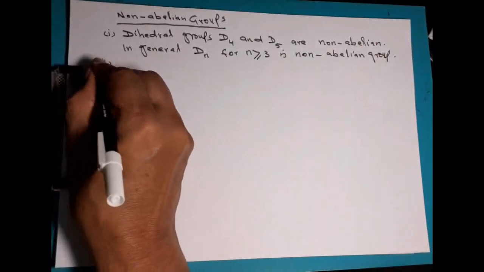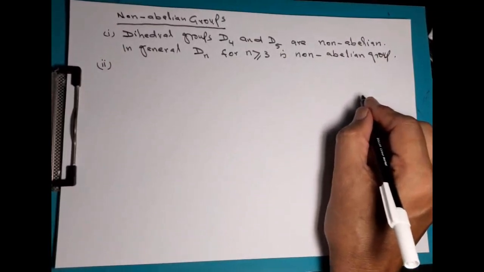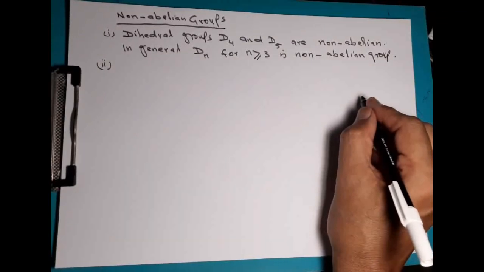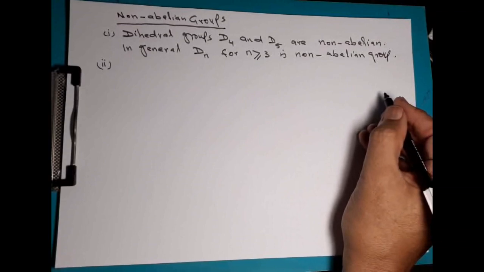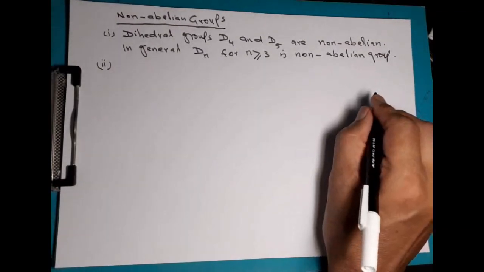Secondly, you know that the set of non-singular square matrices, where you can take entries from any field, but here from the set of real numbers, is a group, and this is a non-abelian group.